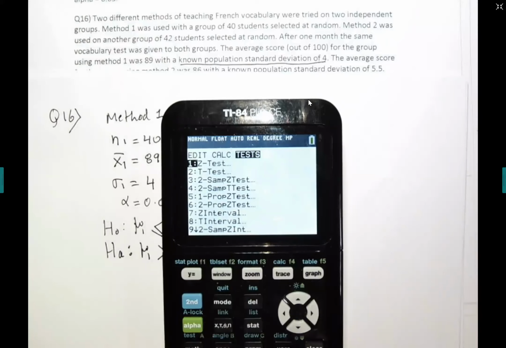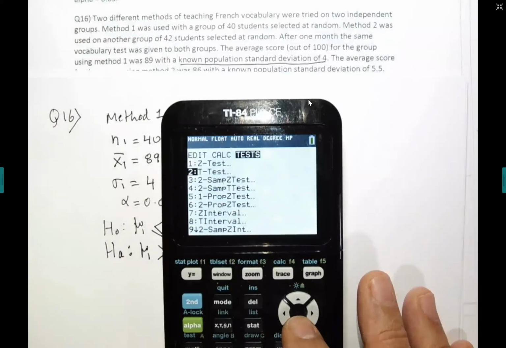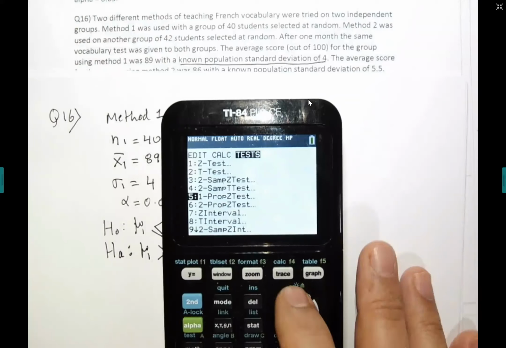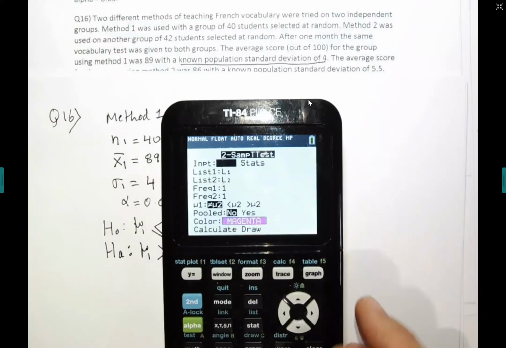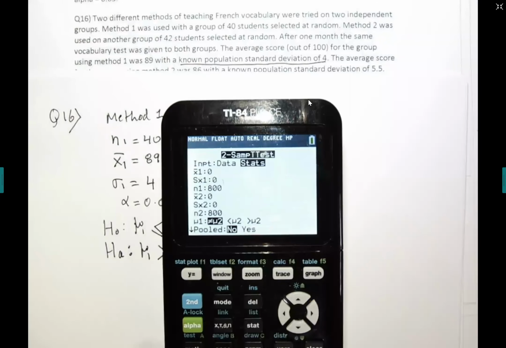Two sample t-test. All right. I don't have data. I have a summary. Okay. X1 bar, guys, is 89. S1 is 4. N1 is 40.